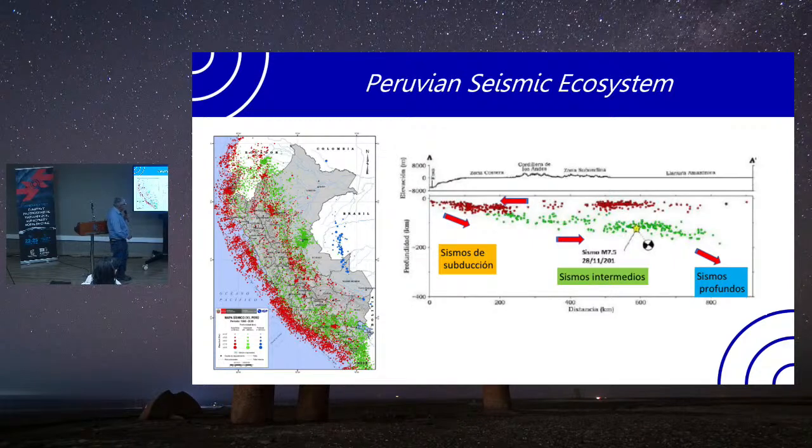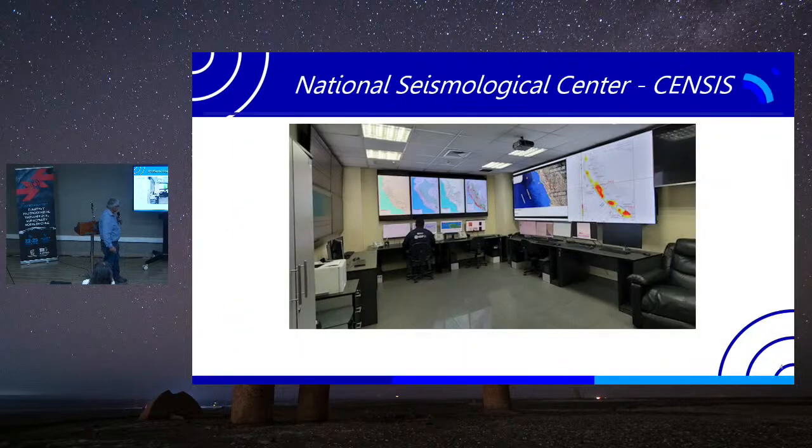Now we have the subduction zone type earthquakes, we have the intermediate depth earthquakes, we have the deep focus earthquakes on the very east, the Peru-Brazilian border and Peru-Bolivian border, as well as the superficial seismicity mainly associated with faulting. And we have just a seismic map that describes the catalog of several years.